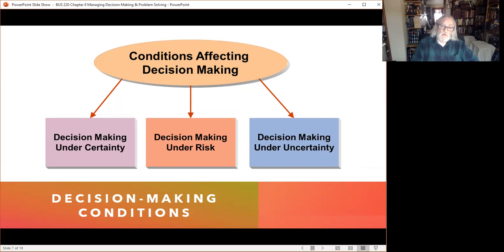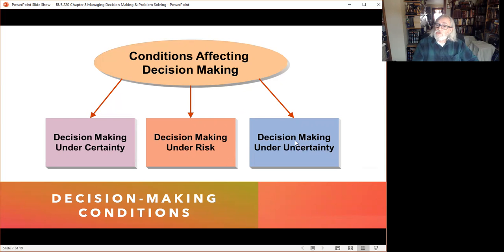So therefore, you don't know the consequences of necessarily choosing one alternative over another, what might be the implications. So this is certainly the hardest area in which to make a successful decision, making it under uncertainty. Under risk is one thing, under uncertainty is really difficult.